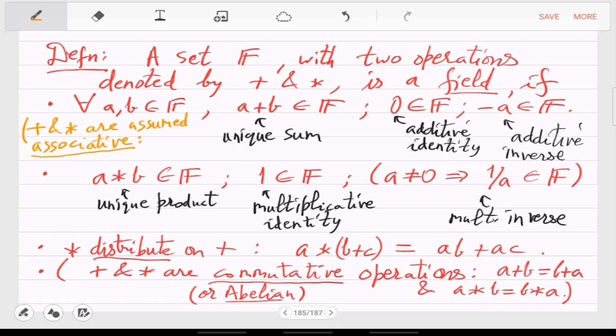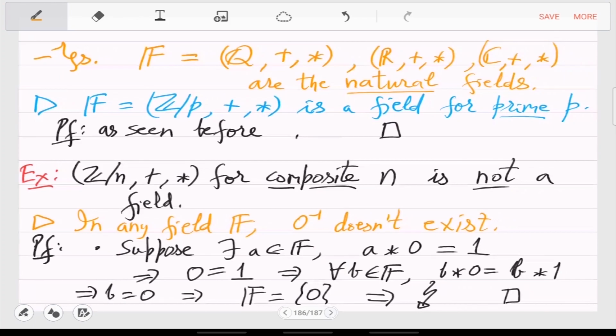So I'm not writing this, it's not very important. But since some students are curious, operations will be assumed associative and commutative. But that is pretty natural, the same thing as in reals.